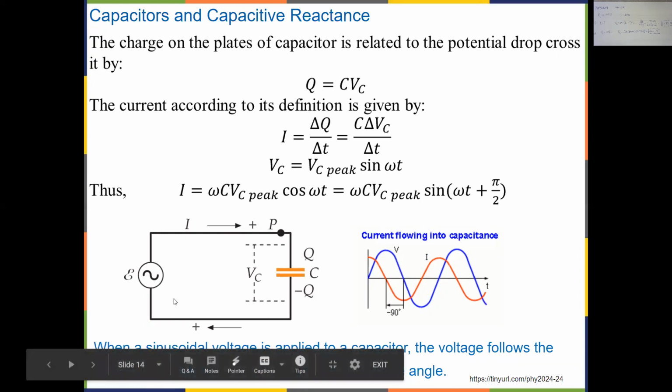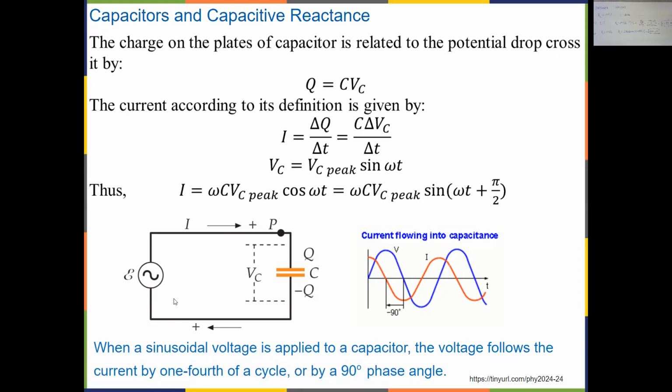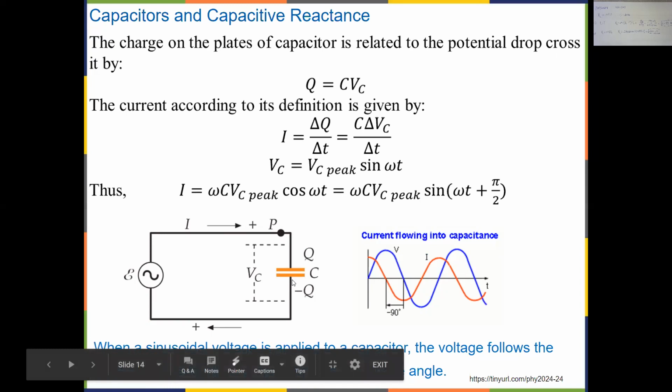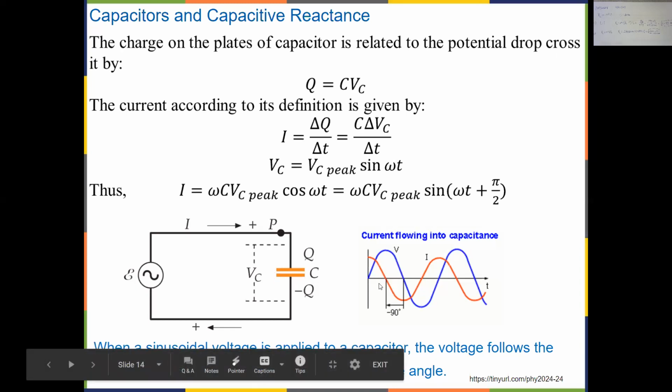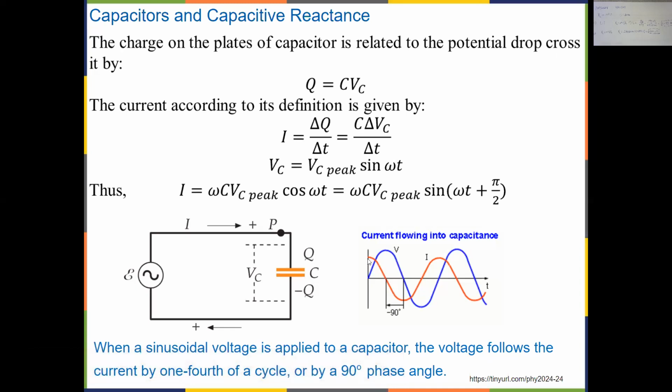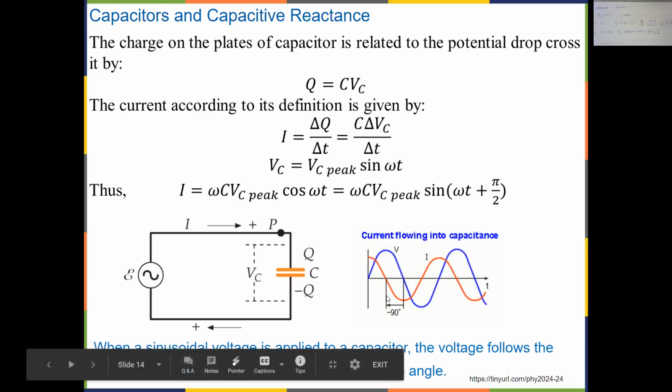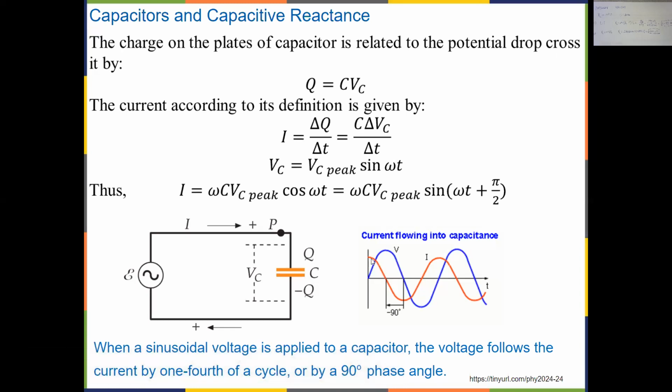So there's again a response there, but they do not happen at the same time. So the voltage on the capacitor and the current on the capacitor are actually not in phase. That means that they do not peak at the same time. So in this case, it's the other way around: your current will peak first.